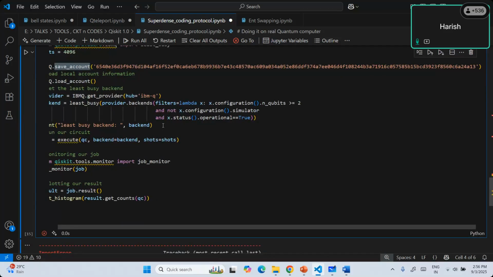On actual quantum computers you have a certain number of basic gates, so whatever gates you have used in your code will be transpiled to the gates of the native quantum computer on which you are submitting the job. So the same circuit is converted, or transpiled, to be run by the gates available on the native quantum computer. So we can do that also.